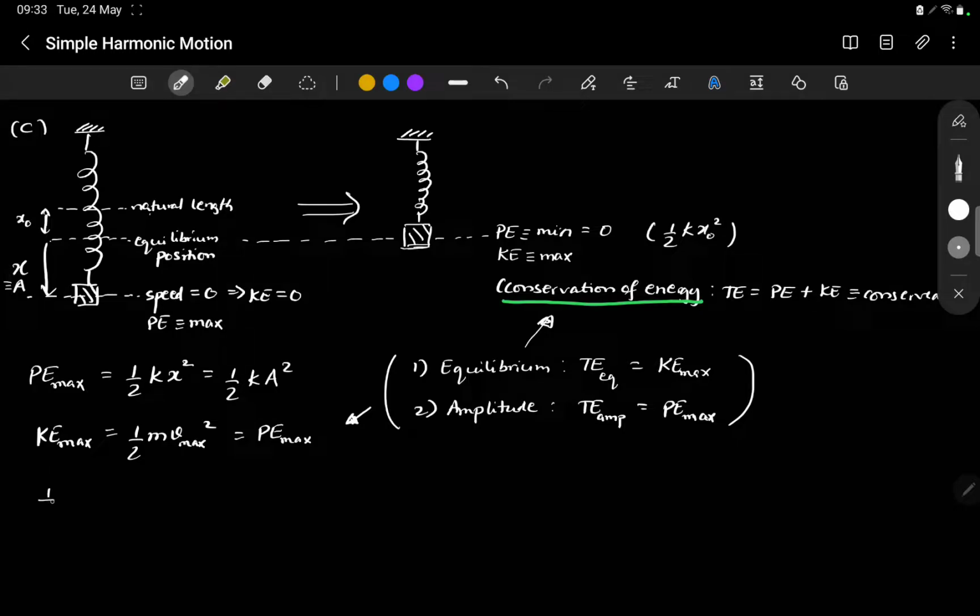So we have this, which gives us the velocity as this.